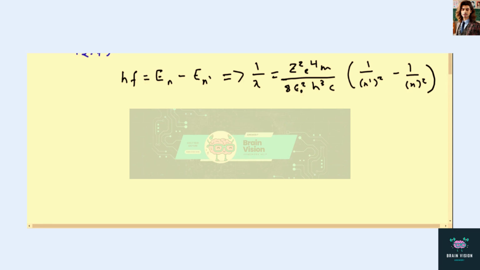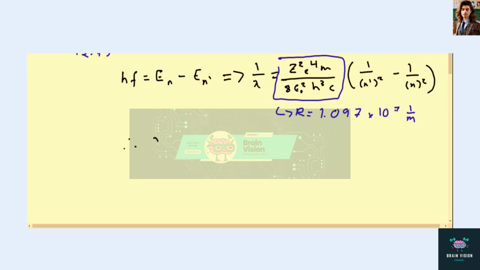Now, you may recognize this glut of constants as the Rydberg constant, which we know to be equal to just 1.097 times 10 to the 7th, and that's in inverse meters, which is like 1 over meters. So then we can simplify to just get the wavelength by inverting this whole thing. Lambda equals, I'm going to do the denominator first for spacing.